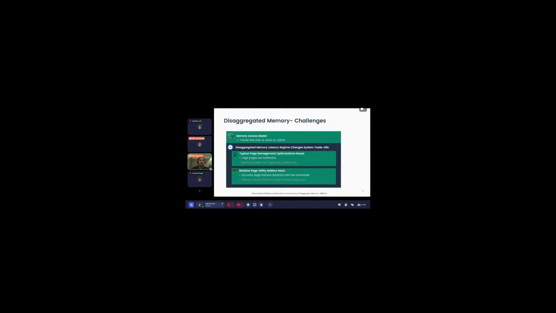In this talk, I'll focus on the three challenges listed. First, I will address which model we chose for best performance in a disaggregated memory system. Next, we show that huge pages are actually ineffective in a disaggregated memory system and can actually hurt performance. Finally, I will address the issue of measuring a page's hotness with low overheads.